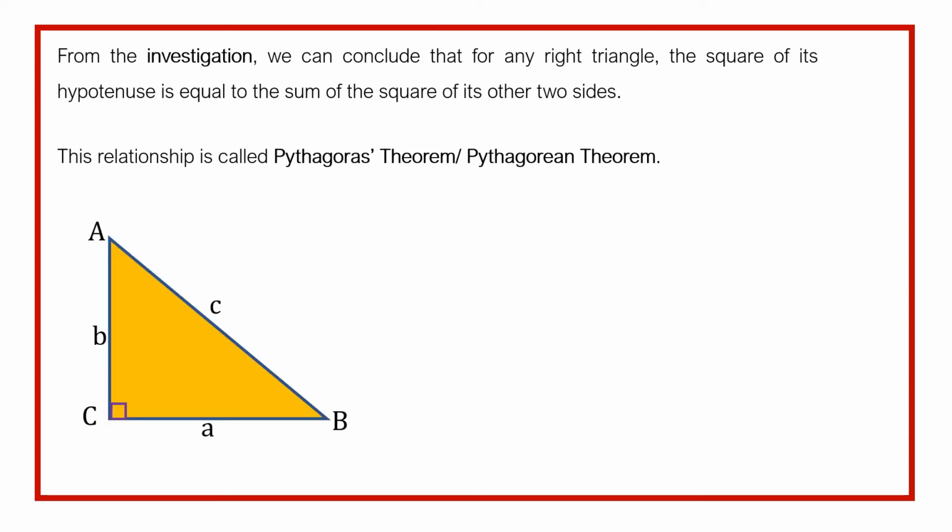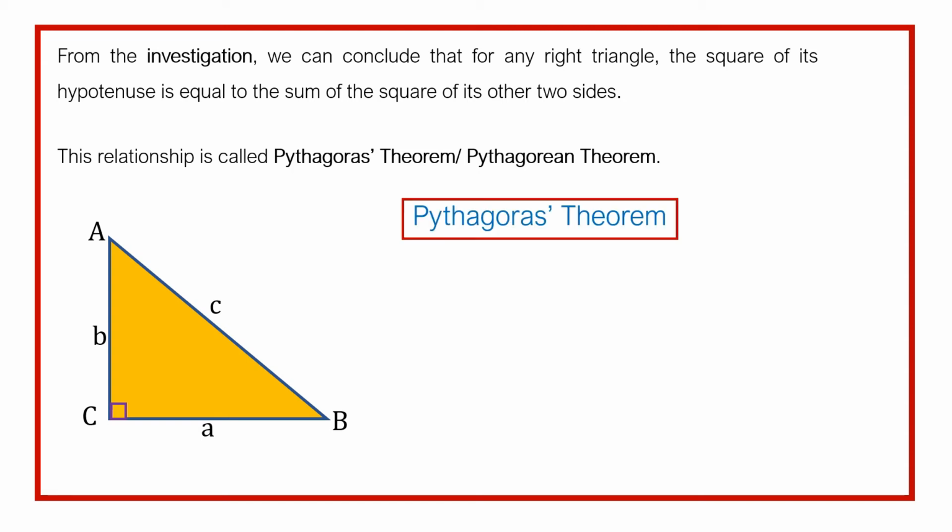Now, in this right triangle, we can say that a squared plus b squared is equal to c squared, or AB, which is the longest side, which we call the hypotenuse, is equal to BC squared, which is the same as A, plus AC squared, which is B. Okay?